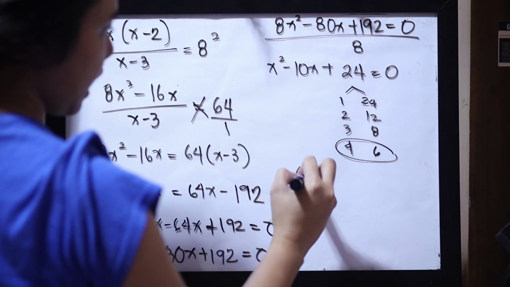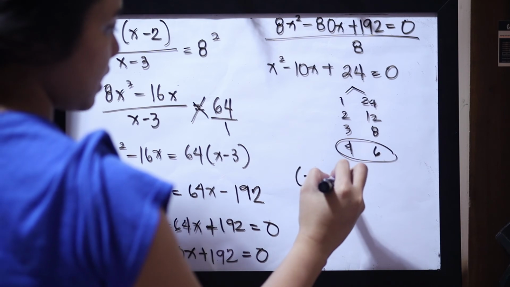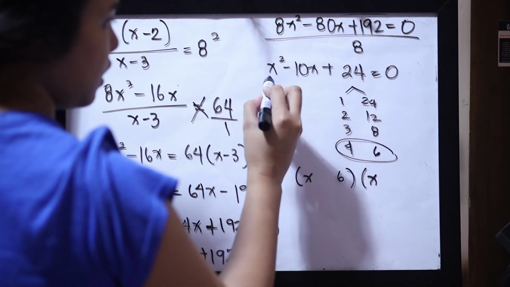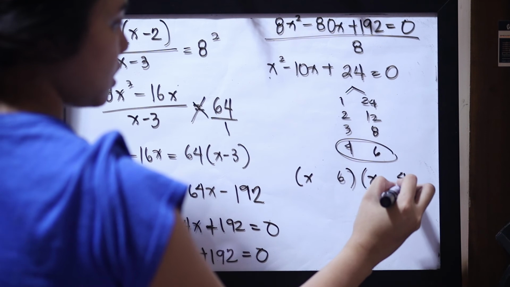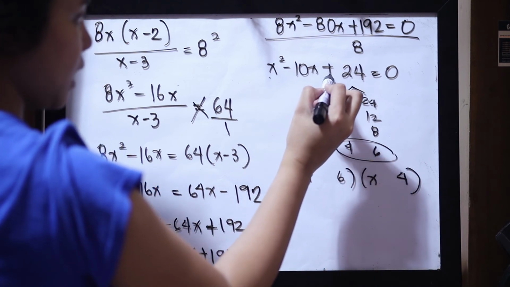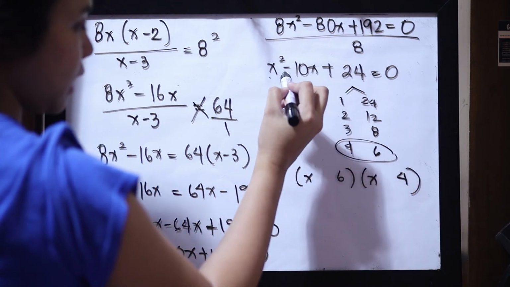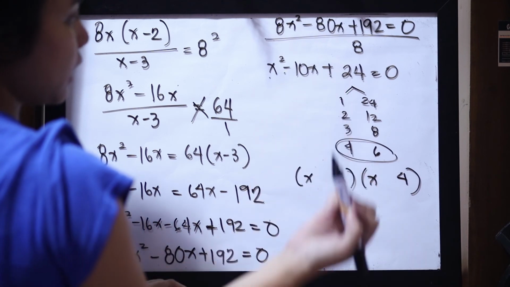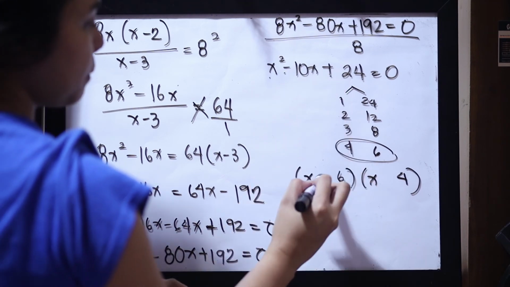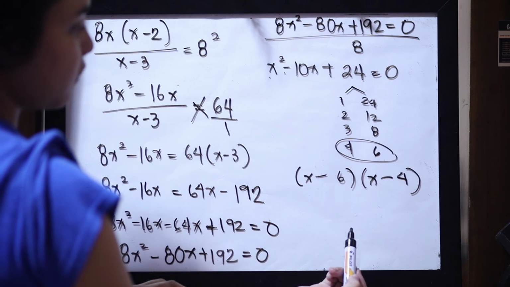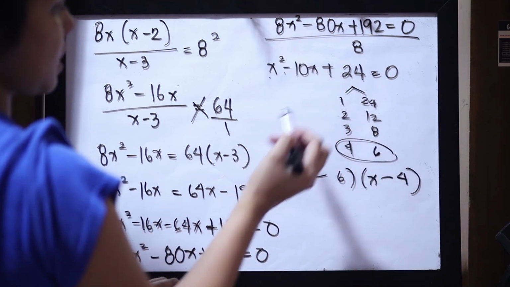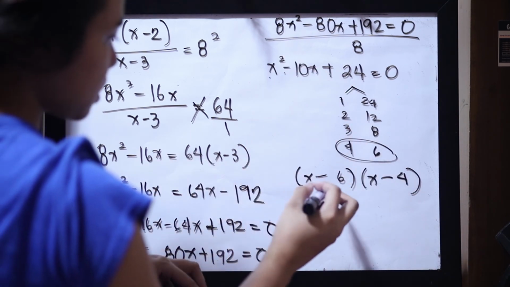So, ang factors niya ay pwedeng x, tsaka 6, tsaka x, tsaka 4. Yung x nakuha ko sa x squared. Tapos, dahil positive ito, tapos may negative ka sa second term, pareho dapat ito na negative para makakuha tayo ng negative, tas positive yung last term. Then, let's just check.